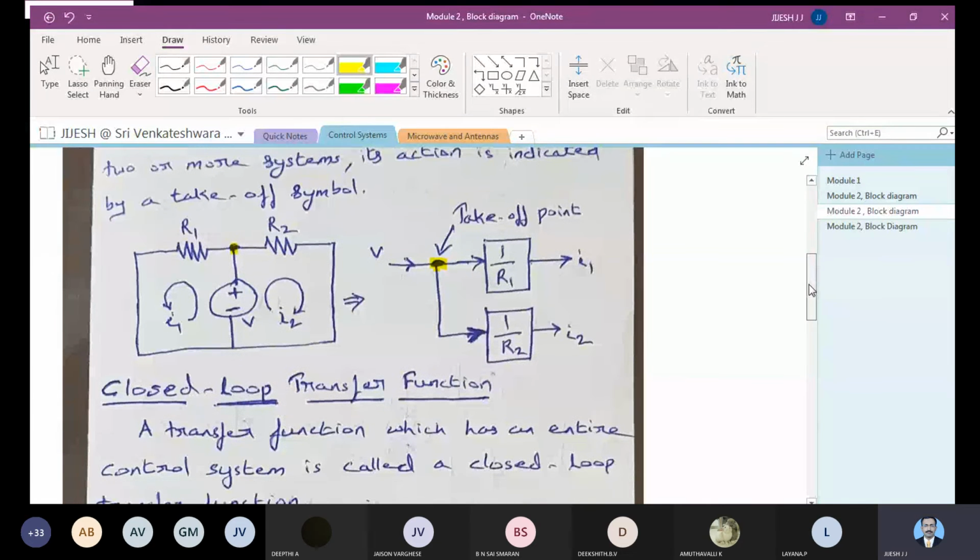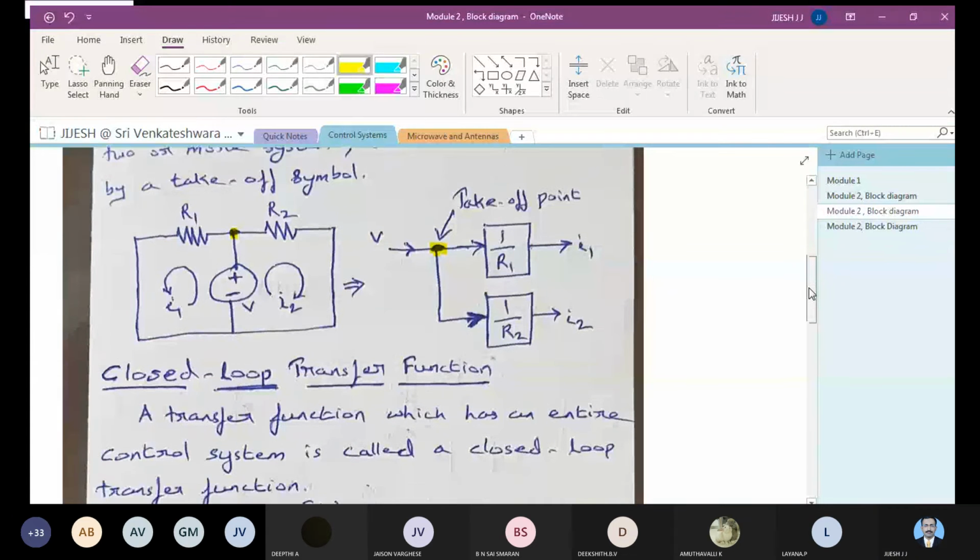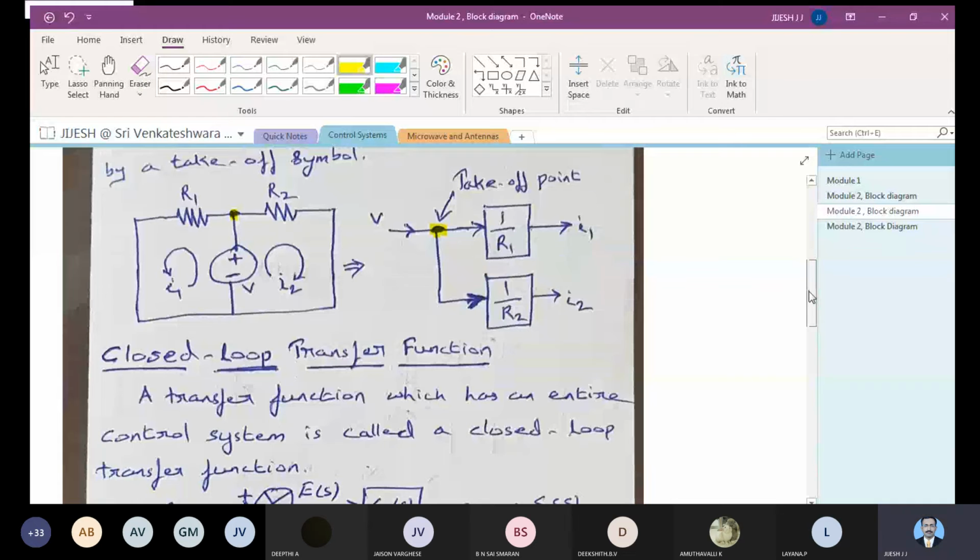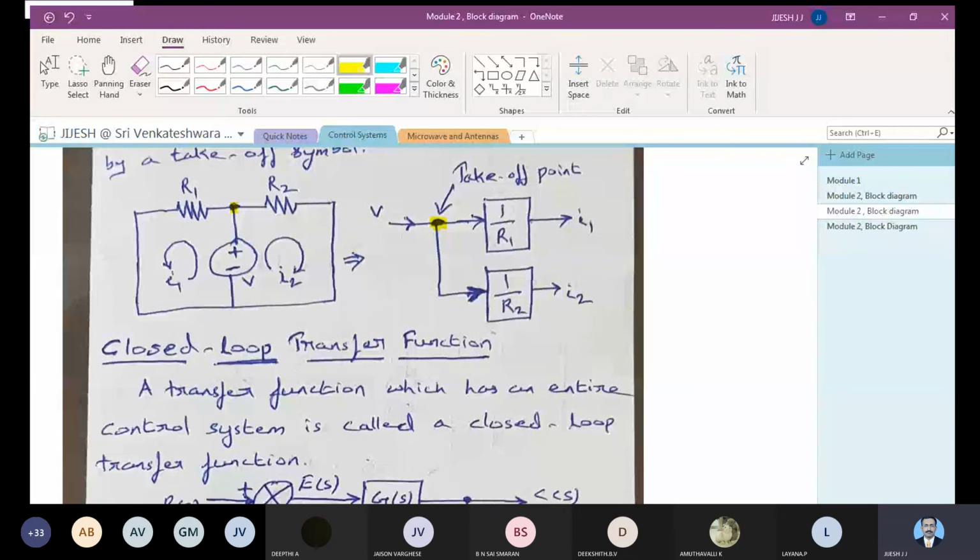You are clear with both the things? Yes, sir. Yeah.